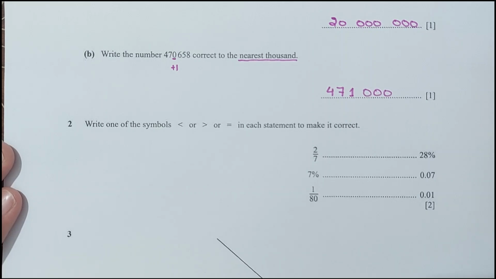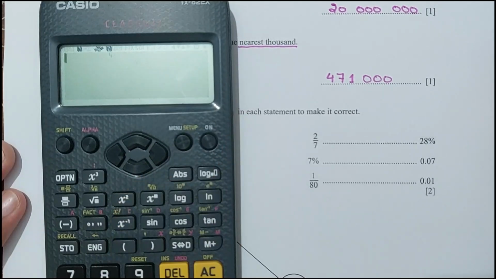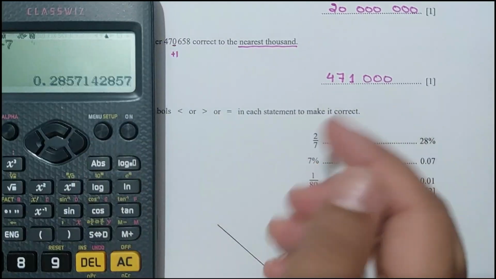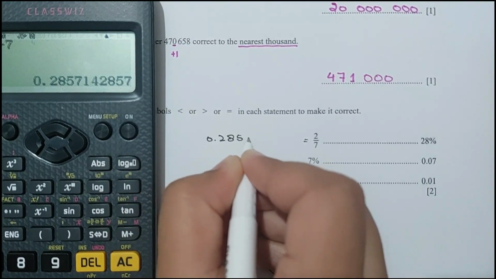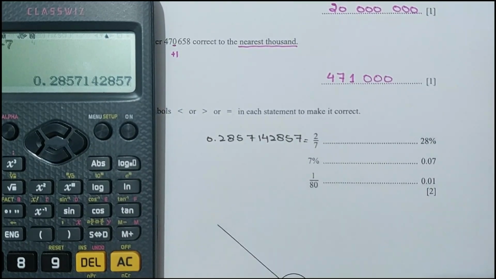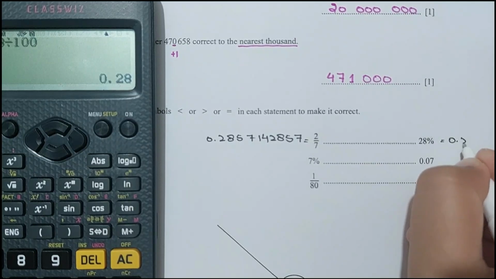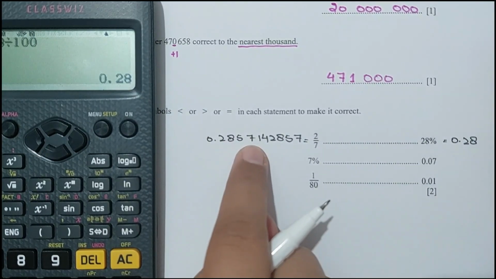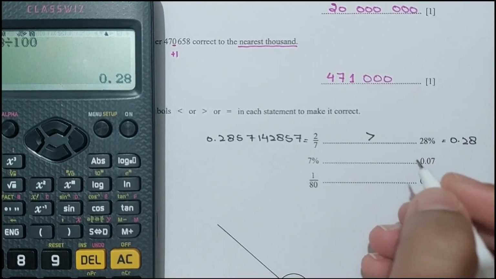Question number 2: write one of the symbols less than, greater than, or equal to in each statement to make it correct. Since a calculator is allowed in this paper, let's see what 2 over 7 is. 2 over 7 is 0.2857142857 and 28% is 0.28. So 0.286 is greater than 0.280, so this is greater.